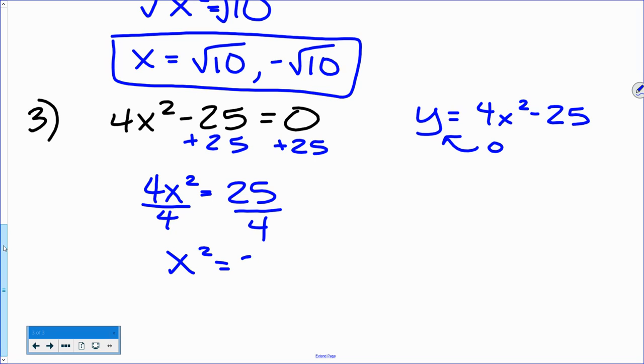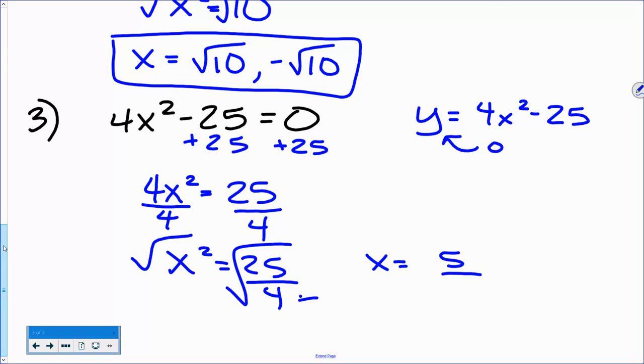Now, 4 doesn't divide into 25 evenly, so I'm going to go ahead and leave it as a fraction for right now, because if I take the square root of both sides, I can take the square root of 25 and get something nice. I'd get 5. And I can take the square root of 4 and get something nice. That would give me 2. But don't forget there are two answers, both positive and negative, 5 over 2.